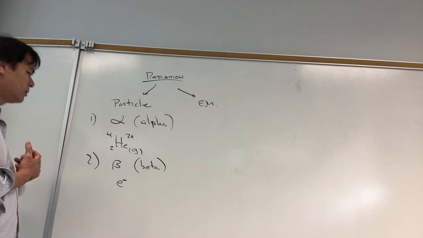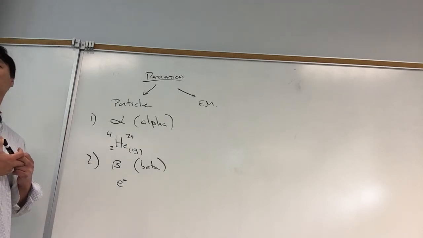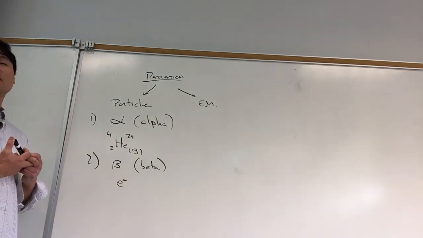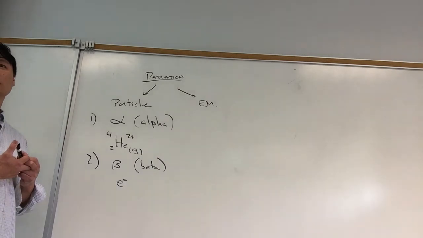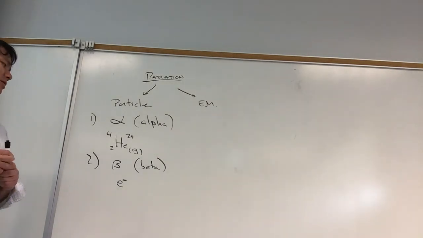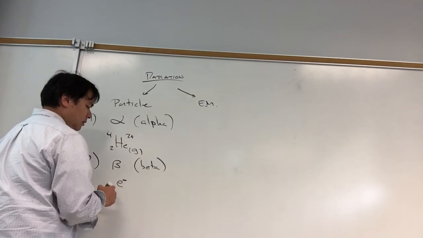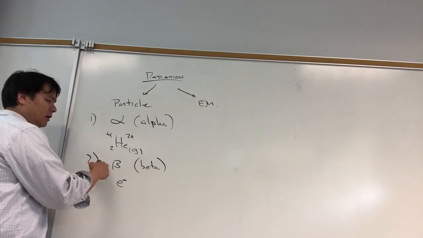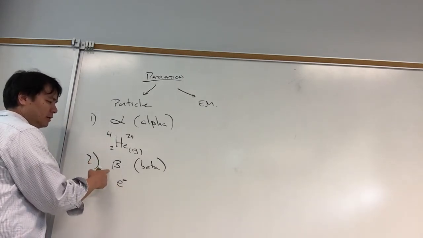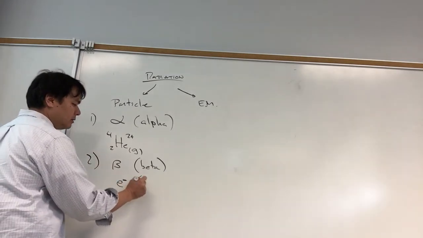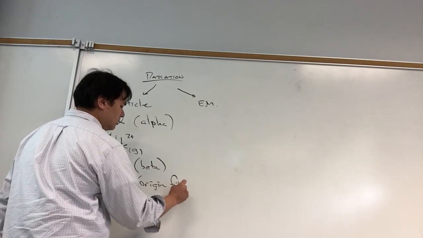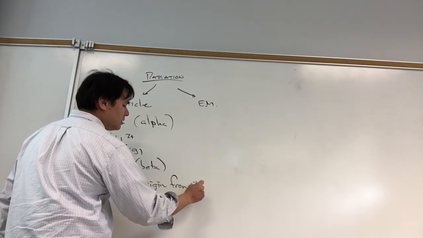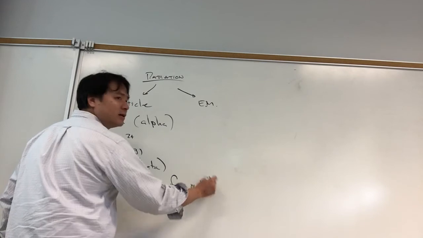One thing that's kind of weird is where are these electrons coming from? Usually the electrons are going to come from the valence shell or the core shell. But these electrons are very different. We don't call them electrons, we call them beta, because of the origin. You know what the origin of these electrons are? These are electrons that originate from the nucleus.